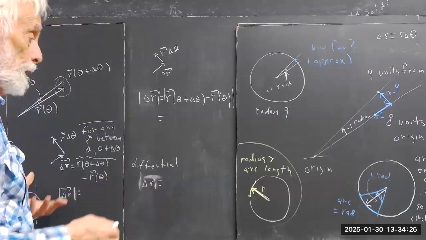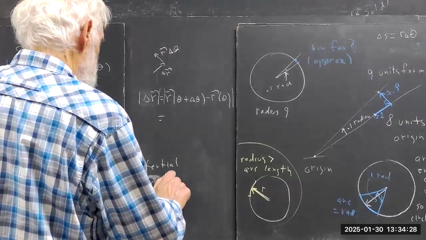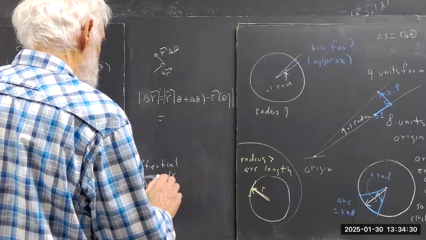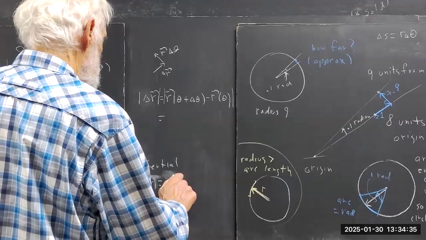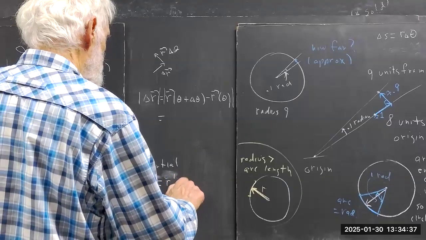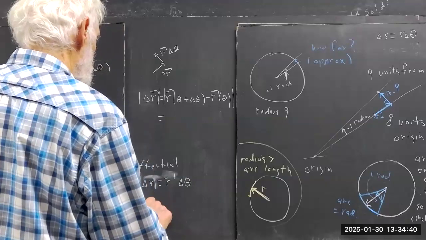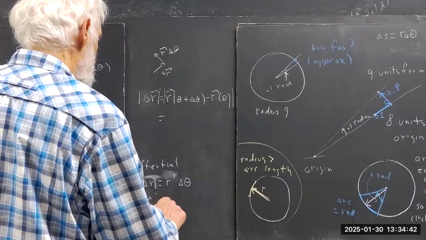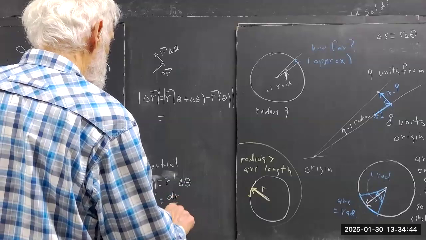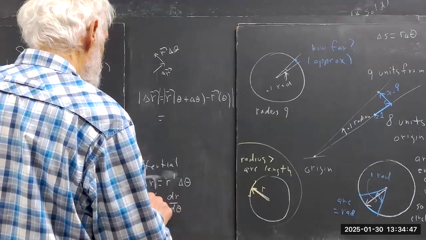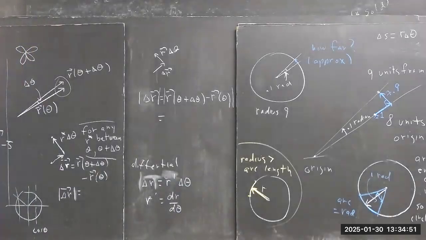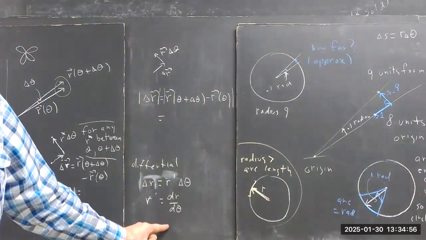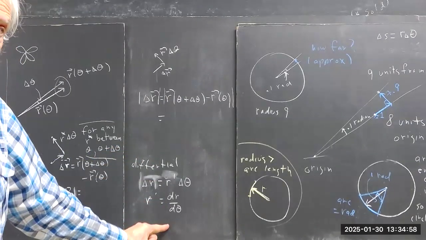I'm going to write delta R without the vector, and it equals R prime delta theta, where R prime is dr d theta. Okay. That should be familiar from calculus. Go back to the section on differentials.